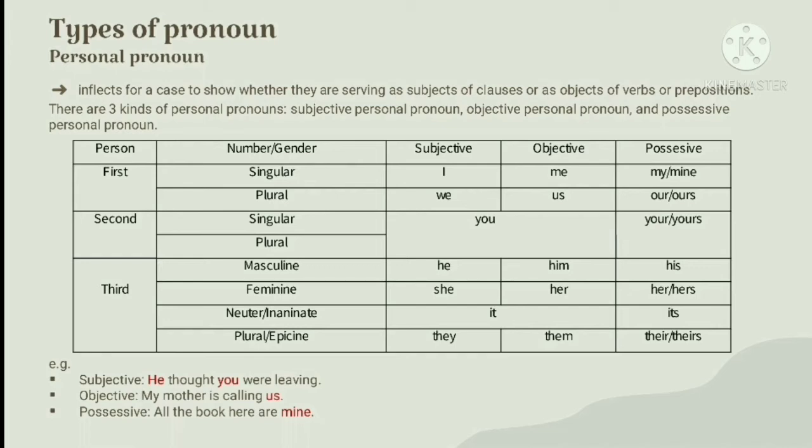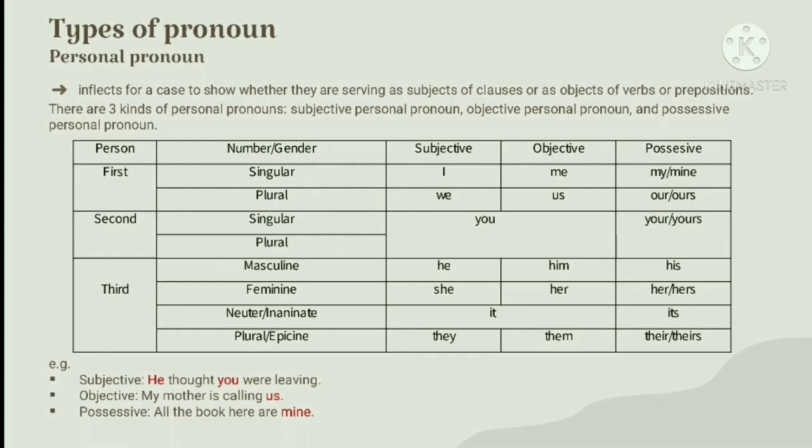And also, for possessive personal pronoun, there are his, her or hers, its, their or theirs. And then I will give you an example for each kind of personal pronoun.